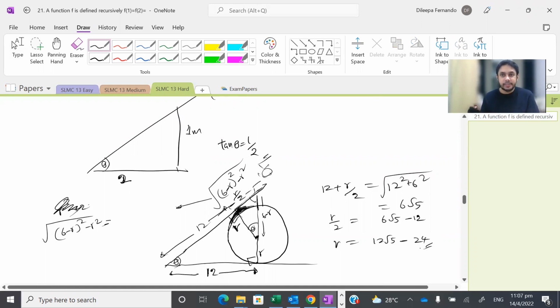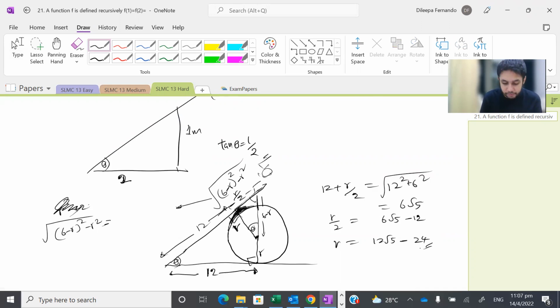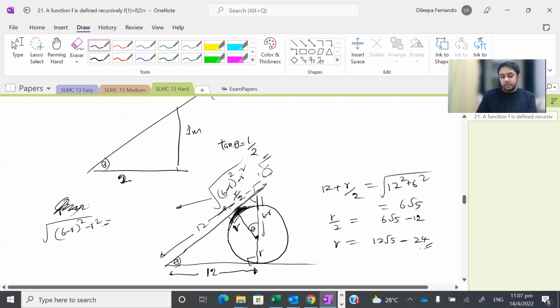So again, I will recap how we did this. We first found that the sun ray is a tangent to the sphere, and then we already know the angle of the sun ray, and we use that angle in the other triangle as well, and then we use tan theta of this angle to find that this is r by 2.